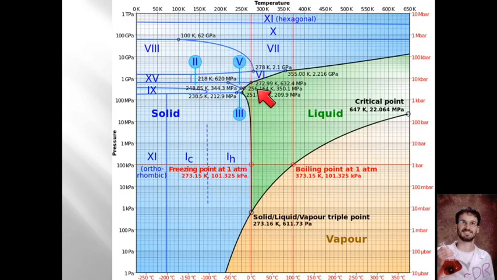So if we were looking at the freezing point of water, for example, that would be at 0 degrees Celsius. It says that this is at 1 atmosphere, so the pressure, if you were at the beach, the amount of air pressure that you would experience here is apparently 100 kilopascals. So that's why we have 0 degrees Celsius being the freezing point.